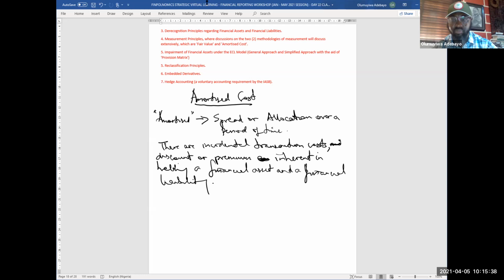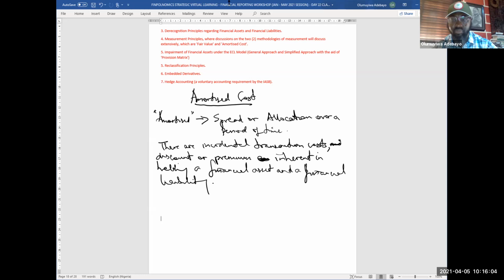Therefore, how do I treat that $10,000? Should I treat it as an asset or as an expense? If I treat it as an expense, I have to charge it immediately to profit or loss at the time I bought the bond.